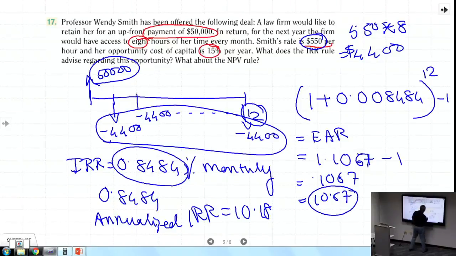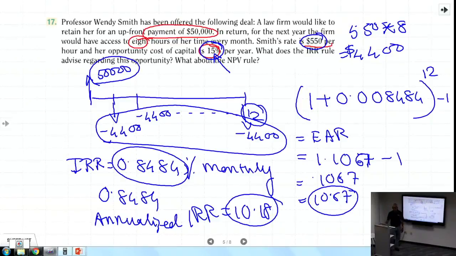So this is more accurate, but the other is approximate. 10.18 is approximate, 10.67 is more accurate. In any case, the internal rate of return is less than the required opportunity cost of capital.